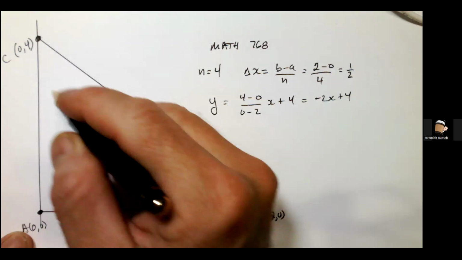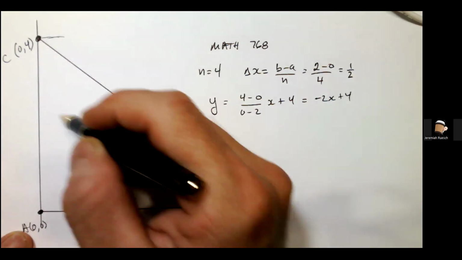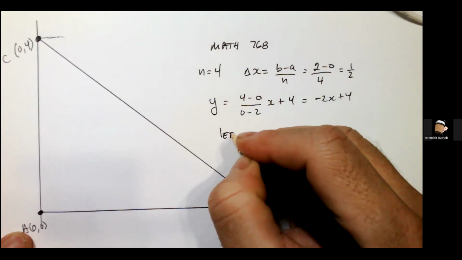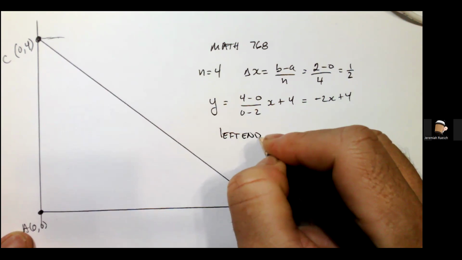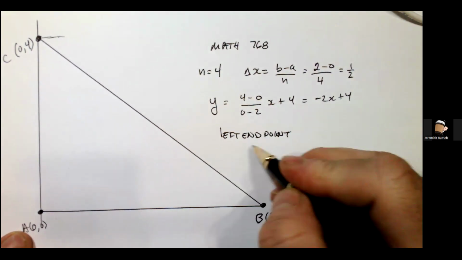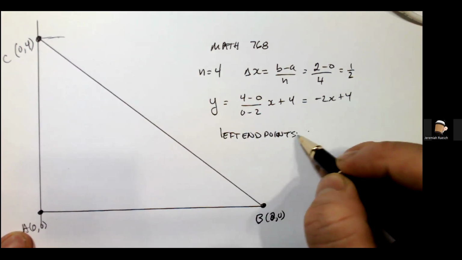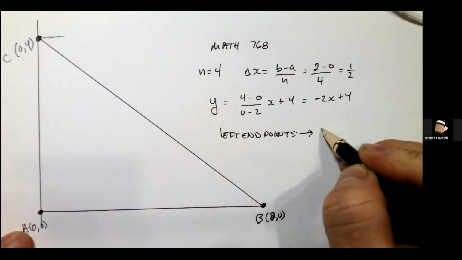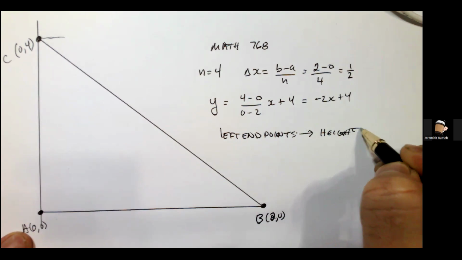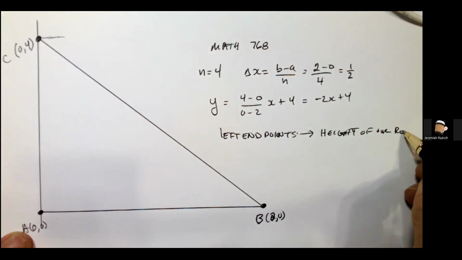And in class, we talked about having each rectangle have a left endpoint. So for left endpoints, and I'm going to be more consistent with the language here, for evaluating our heights, this is the height of our rectangles.